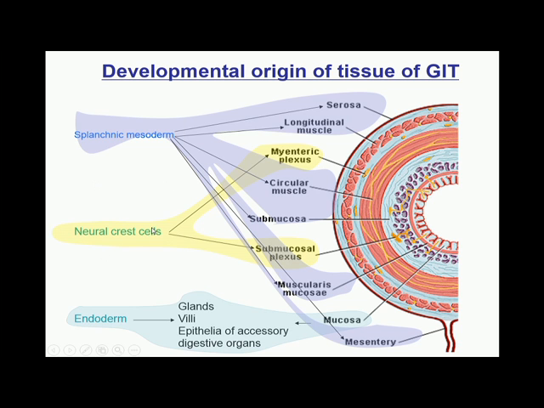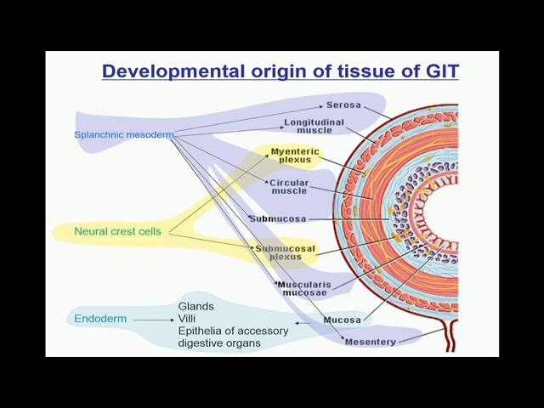The neural crest cells detach from the neural tube and migrate into the developing GIT. They migrate into the submucosa and between the two muscle layers, and they give rise to the submucosal plexus and, within the muscle layers, the myenteric plexus. So that is by the migrating neural crest cells.